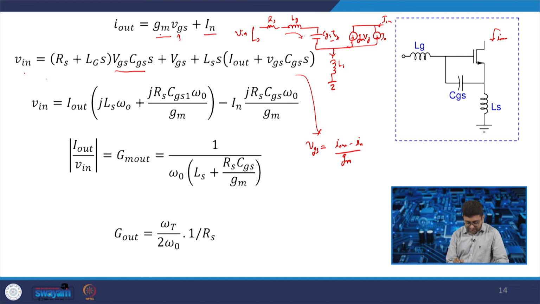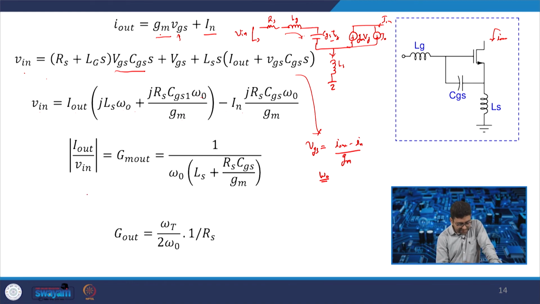If this is I out, we will get here j omega naught Ls, and that will happen at the resonance frequency omega naught. So, we write I out times (j omega naught Ls plus j Rs Cgs1 omega naught by Gm) minus In. The same Vgs we have mentioned here, j Rs Cgs omega naught by Gm.